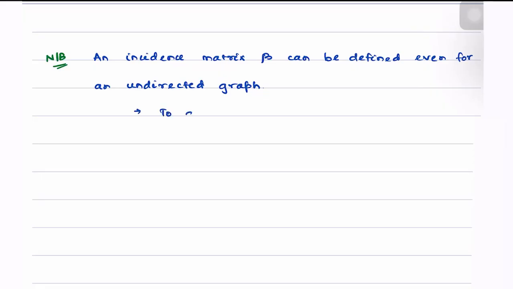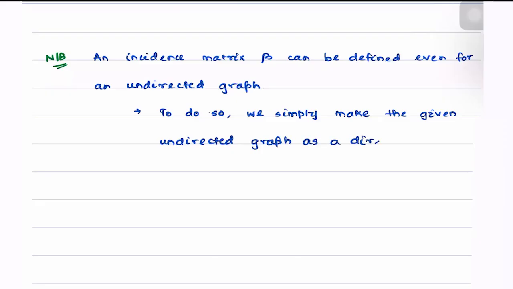let's write it. To do so, we simply make the given undirected graph as a directed one by arbitrarily assigning directions to all the edges.